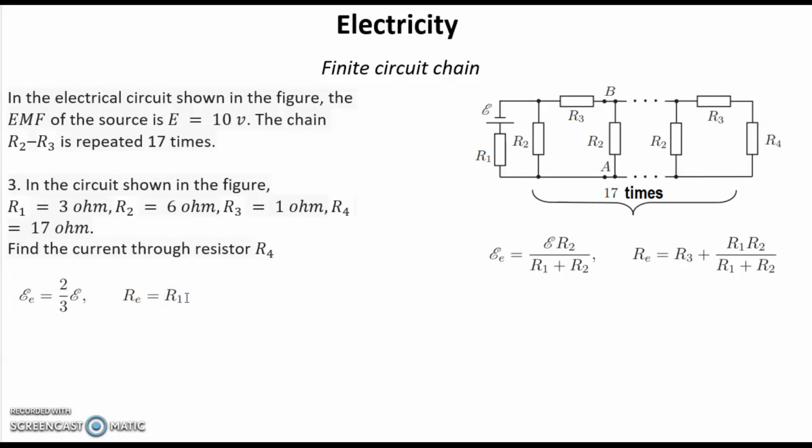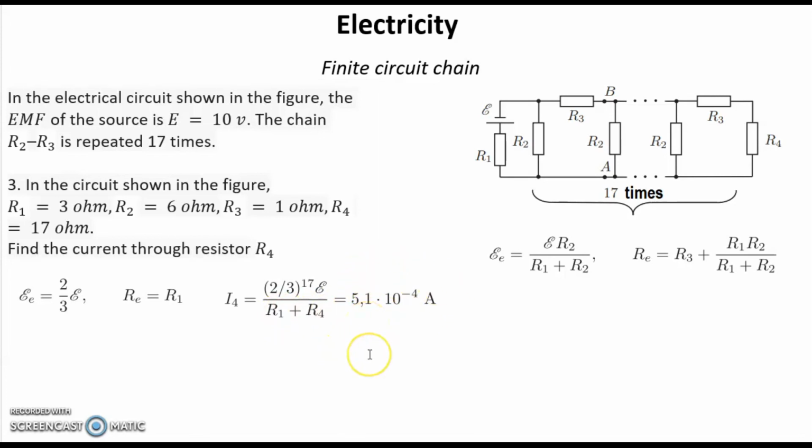After that we apply this last result to the last connection with resistance R4, and we get this formula: the current through R4 equals our last equivalent EMF divided by the series connection R1 plus R4, which will give us this result.